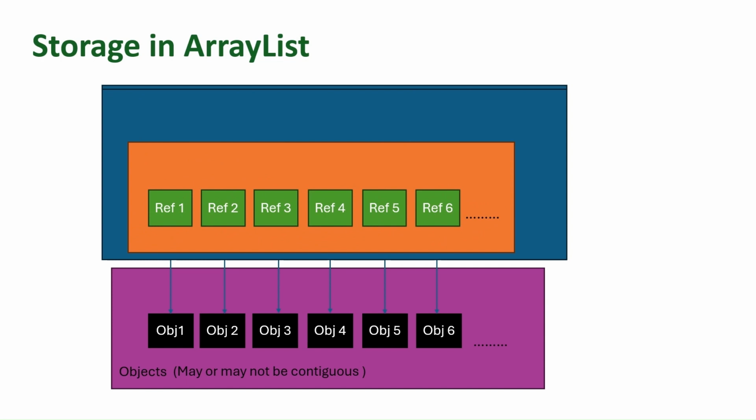So in a nutshell, ArrayList cleverly uses this array setup to store references, making the array contiguous for quick access. But remember, the objects it points to may not be contiguous in memory. This dynamic structure is what gives ArrayList its versatility.